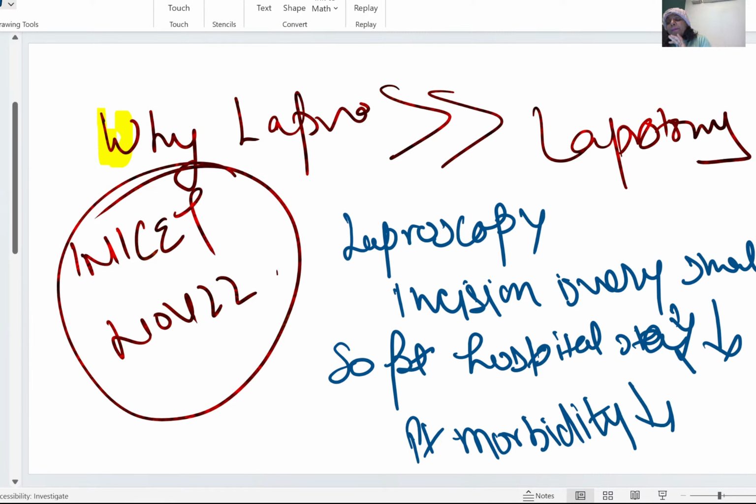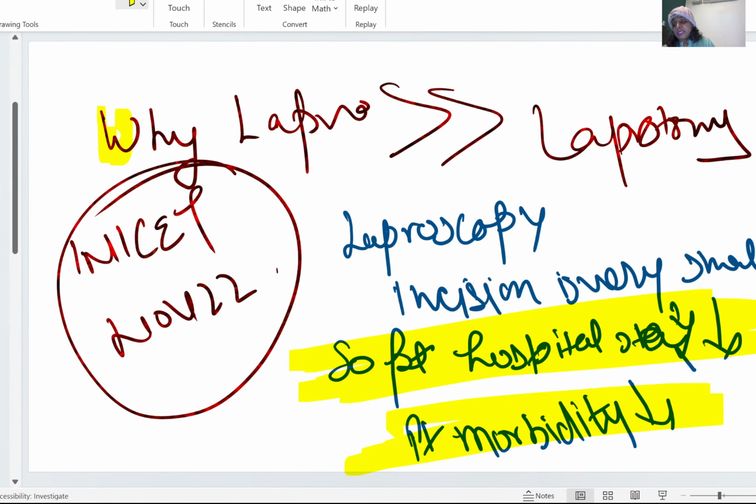Whenever we do laparoscopic surgery, even if we do Wertheim's hysterectomy by laparoscopy, the patient starts walking very comfortably the next day. Because patient morbidity is very less, laparoscopy is always preferred. So the two answers are that hospital stay decreases and patient morbidity decreases.